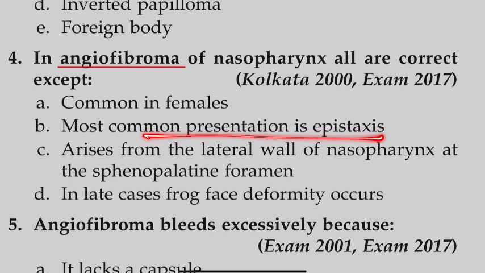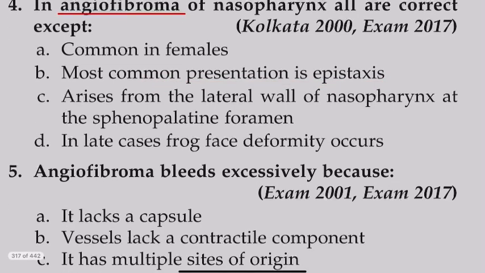Because the endothelial lining consists of no muscular coat, no tunica media, so it can't contract. So bleeding cannot be controlled by adrenaline, and there will be maximum blood loss. Epistaxis will be there because there is no tunica media, no muscular coat, no contraction. Another thing is that it arises from the lateral wall of the nasopharynx, the sphenopalatine foramen.